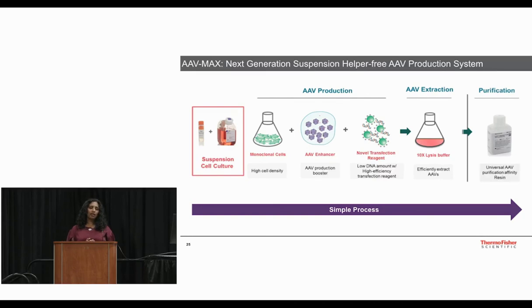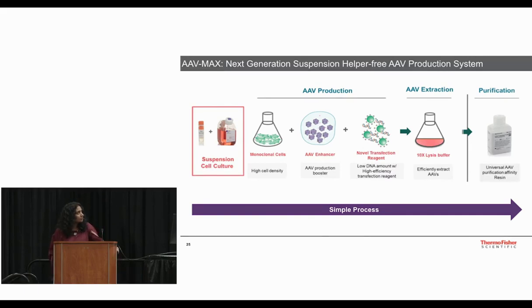And the goal there now for us is to provide production systems with the cells that have been screened for lentiviral production or AAV production, with the right transfection reagent, right media, and the complexation buffers, so that our customers, when they buy that combination of kits, can have a good production system to boost their titers.